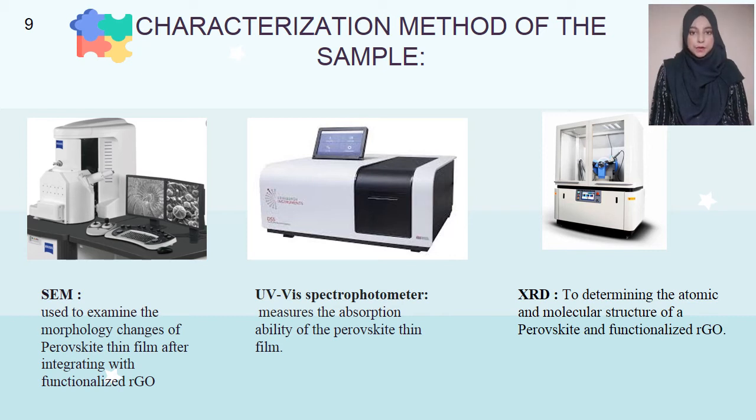We use UV visible spectroscopy to measure the absorption ability of the perovskite thin film. Lastly, X-ray diffraction analysis, XRD. We use XRD to determine the atomic and molecular structure of the perovskite and functionalized reduced graphene oxide.